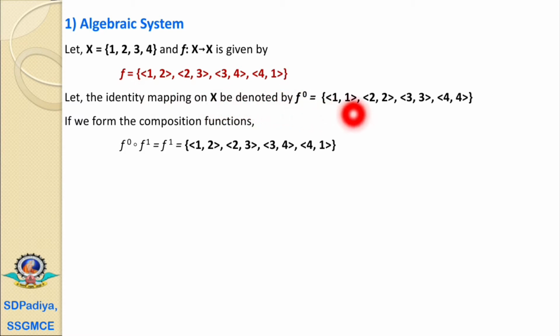That is, the second element of the first function and the first element of the second function must be equal. Then we write down x comma z, that is x to y and y to z. Then we can write x to z like (1, 1) and (1, 2).